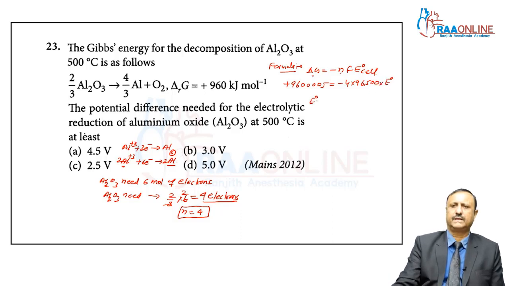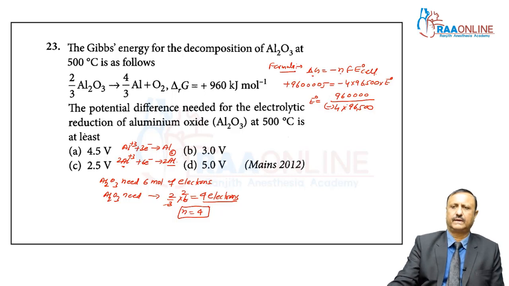E cell equals 960,000 upon 4 into 96,500, with the minus sign placed.